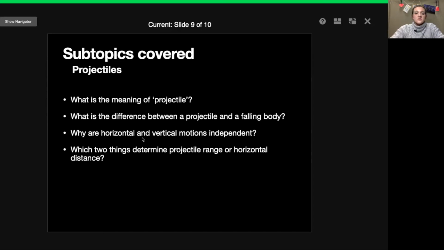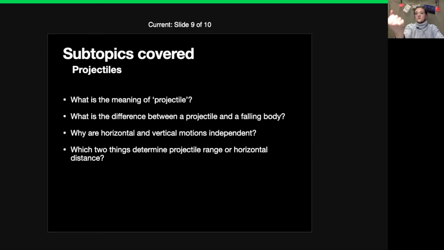Why are horizontal and vertical motions independent? The horizontal motion is the motion that we add to the projectile, but the vertical motion is always the gravity. So gravity still plays a role.